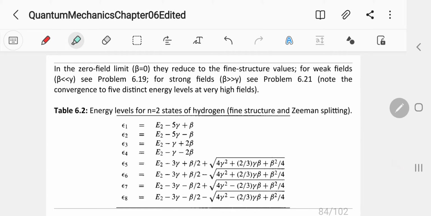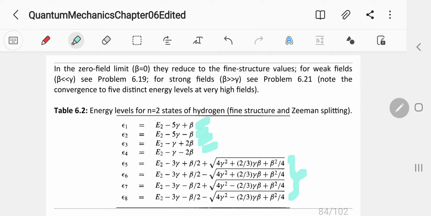We have fine structure plus Zeeman splitting. So the 4 diagonals here, and then the eigenvalues of the next two 4x4 blocks in the mother matrix. In the zero field limit, where beta is equal to 0, they reduce to the fine structure values.